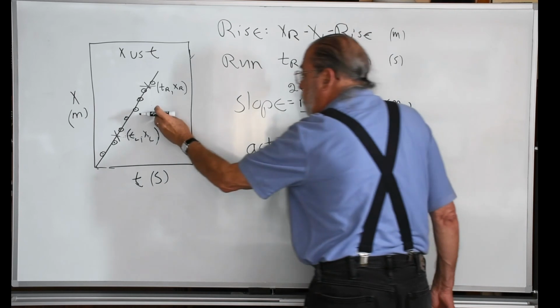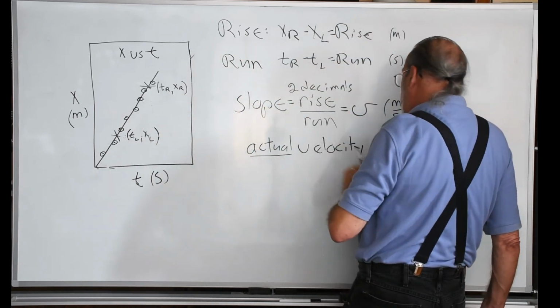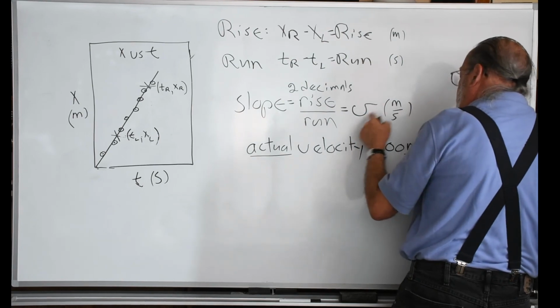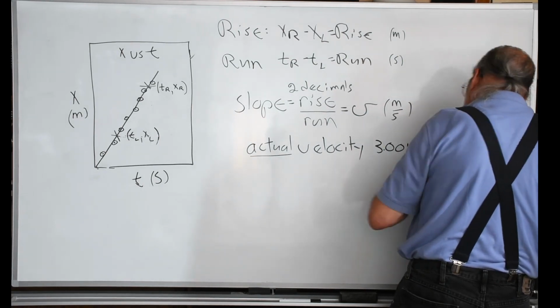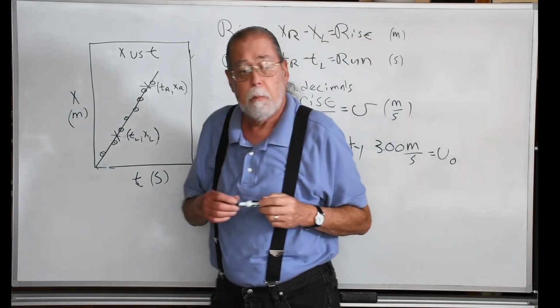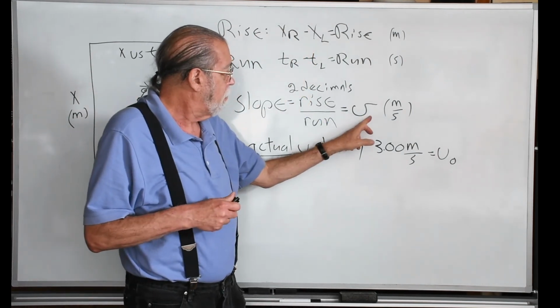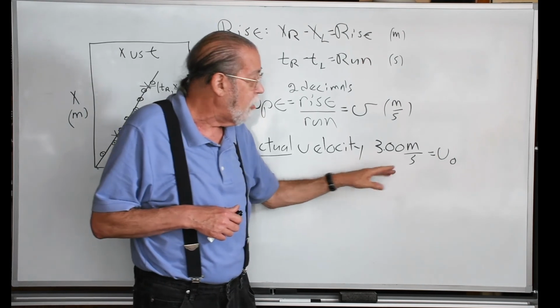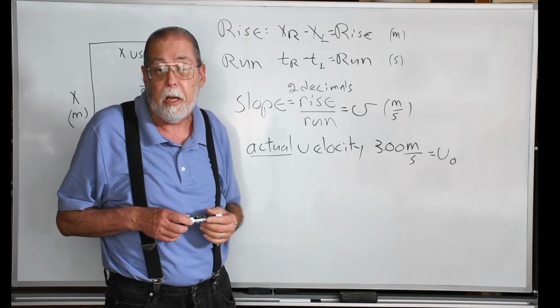You can read this to 3 significant figures, and you calculate the slope, which is the v from experiment. The actual velocity was set up to be exactly 3.00 meters per second.